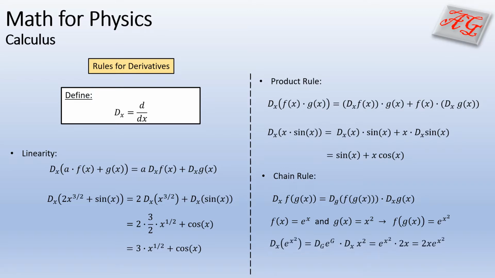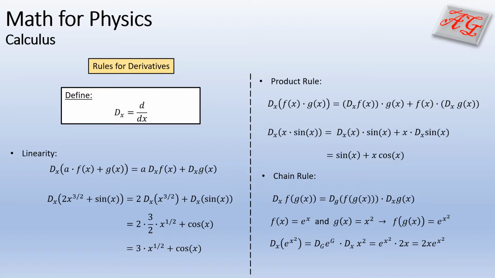So the derivative with respect to x of this composite function, f of g of x, is the derivative of f with respect to g, that is e to the g, times the derivative of g of x with respect to x, that is 2x. So the result is 2 times x times e to the x squared.